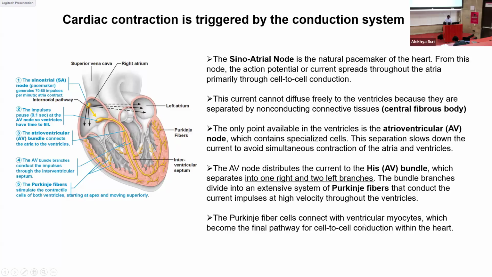So the Purkinje fiber cells connect with the ventricular myocytes, which is the final path for the cell-to-cell communication within the heart. Once the SA nodal cells start to generate current, that current then goes into the ventricle through the AV bundle and then Purkinje fibers, and then the entire heart is triggered and undergoes the contraction.